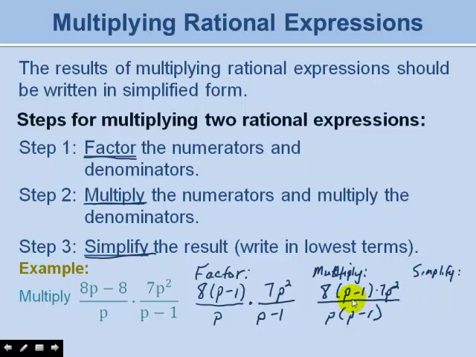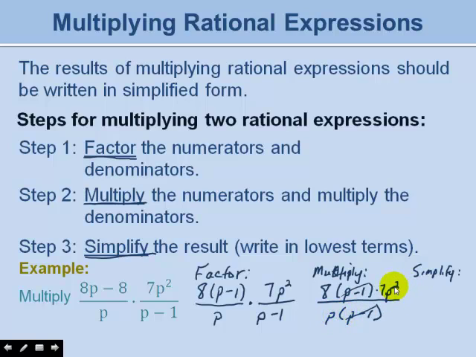And that means that we'll look for any factors that the numerator and denominator have in common. For example, there's a p minus 1 in both that we can cancel. And we also have a factor of p in both the denominator and the numerator. So we can cancel, here we have a p squared, here we have a p.